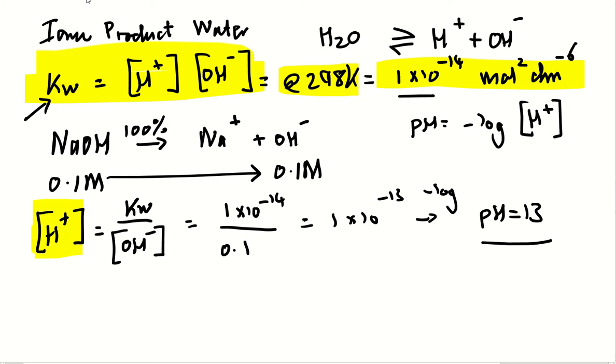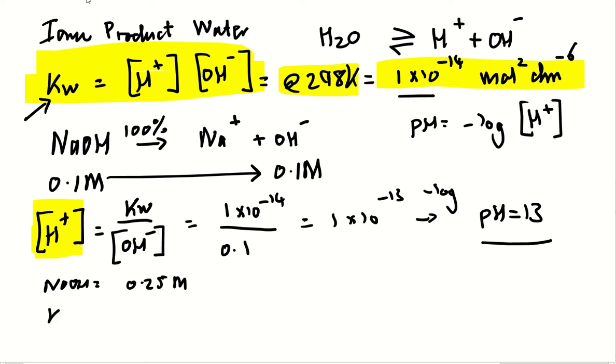Okay, so I'll give you a couple to do, and you can have a go at them. Just check that you have, of course, got them right. Okay, so let's do NaOH, 0.25 molarity, calculate its pH.